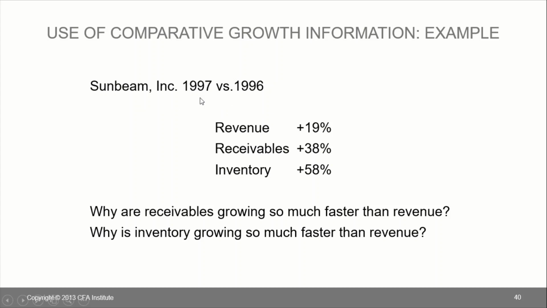I know it's a very old comparison, but the thing is, if you see the computation, like for example, the revenue grew to 19%. The receivables increased to 38%. The inventory increased to 58%.